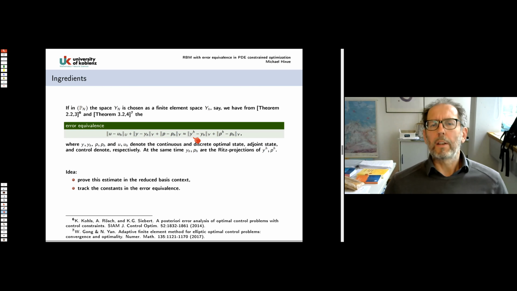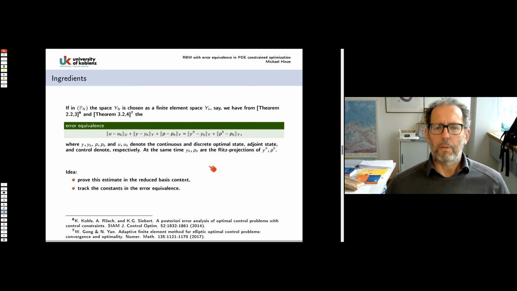That is, y_h is a continuous function related to the discrete control, or to the semi-discrete control. And this p_h is an adjoint state related to the state y_h of the semi-discrete. You have this error equivalence, and then the idea now was to prove something like this in the reduced basis context. Now, this is what was our driver.